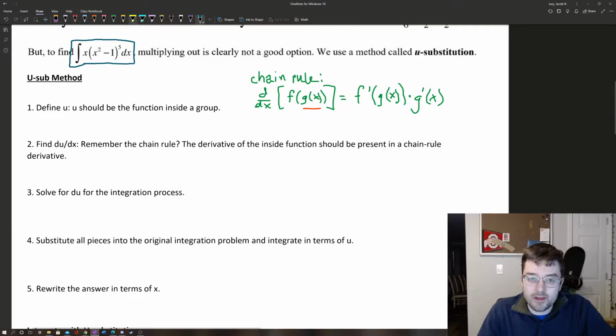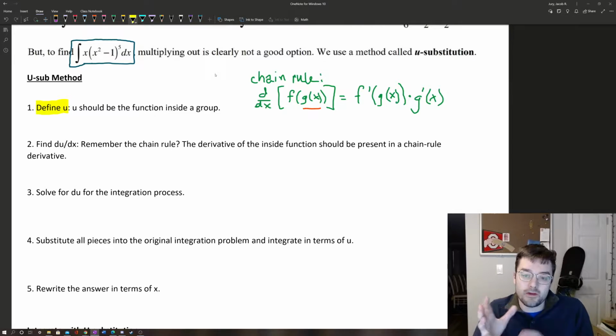So the big deal with U-substitution is we define U. And defining U is going to help us make our integration problem an easier process. And that's because we need to somehow create this situation, the chain rule derivative.